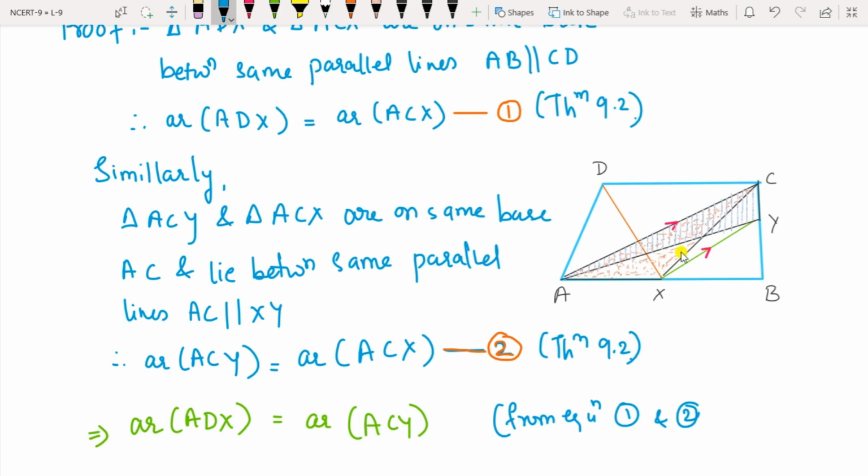Therefore, area of ACY is equal to ACX. Now you can see from equation 1 and 2, ADX is equal to ACX and ACY is also equal to ACX. So right hand side is equal, therefore left hand side is also equal, and therefore area of ADX is equal to area of ACY. Right, that was the required result.